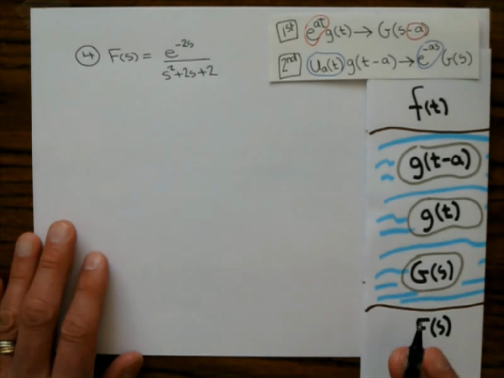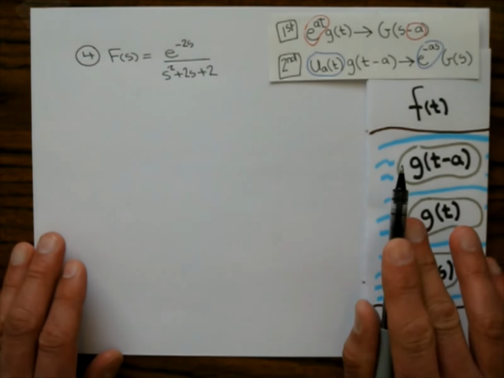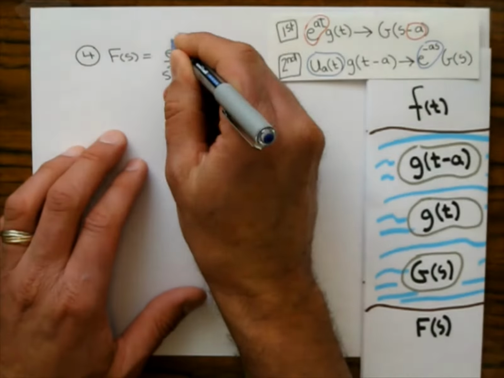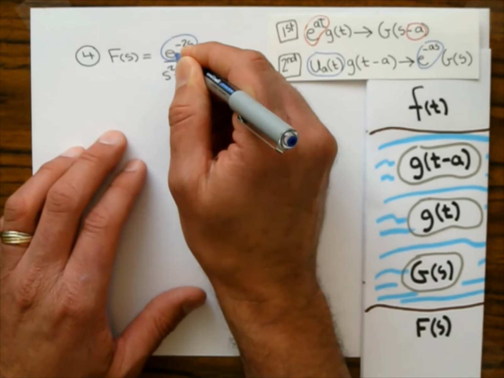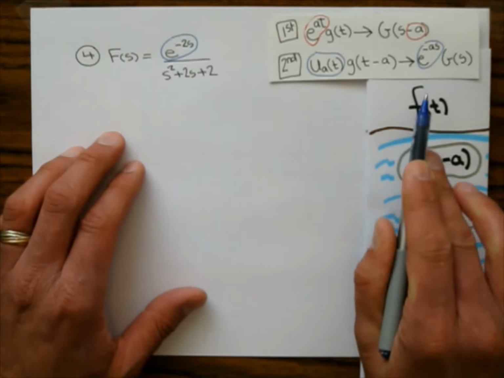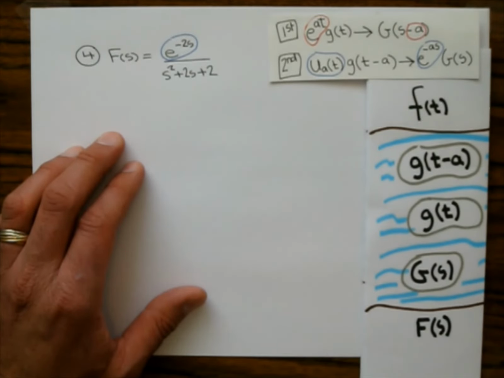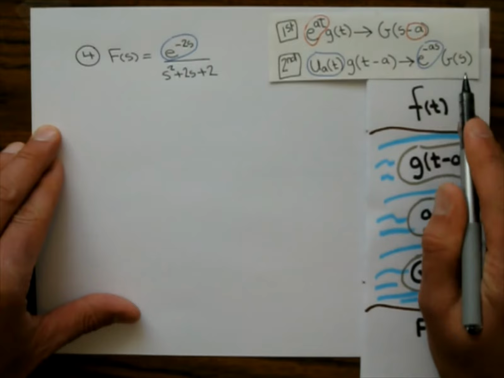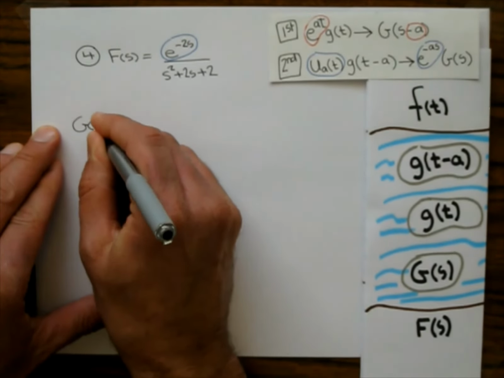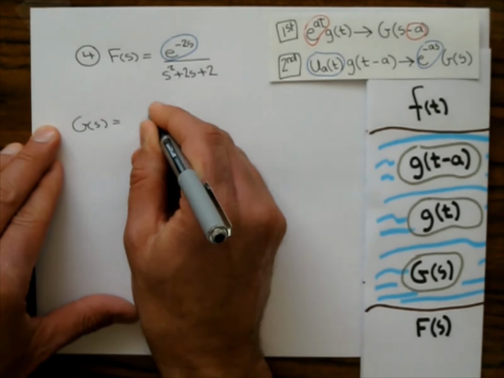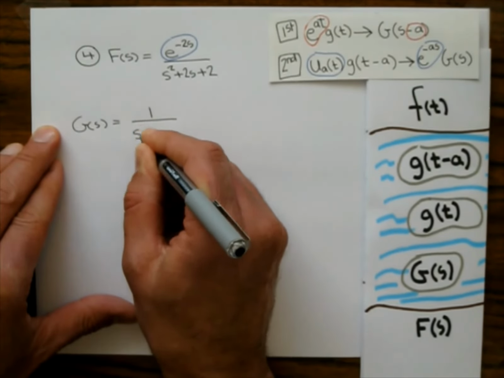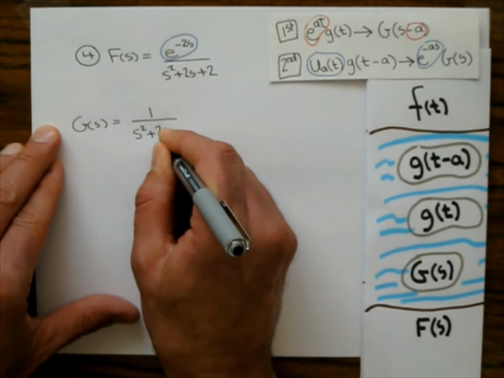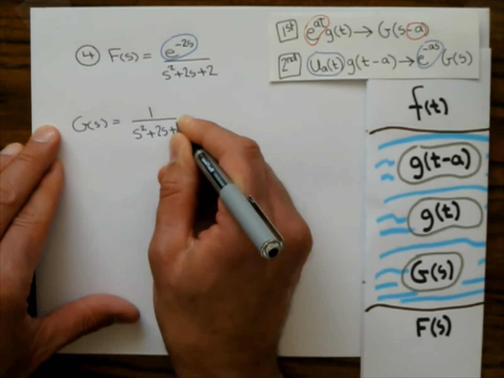Let's identify that we are doing an inverse transform and there's an e to the negative 2s, which means I am doing the second shifting theorem. So my g of s, the part I am identifying there, is 1 over s squared plus 2s plus 2.